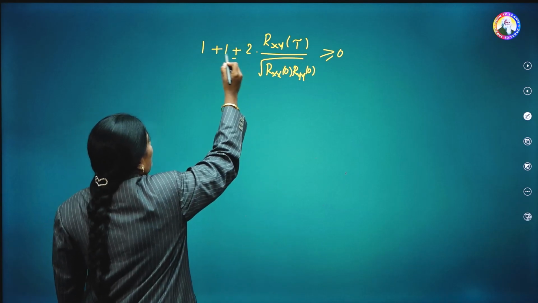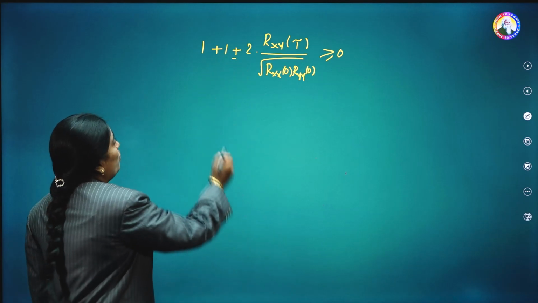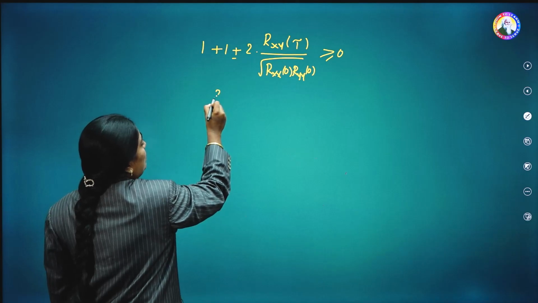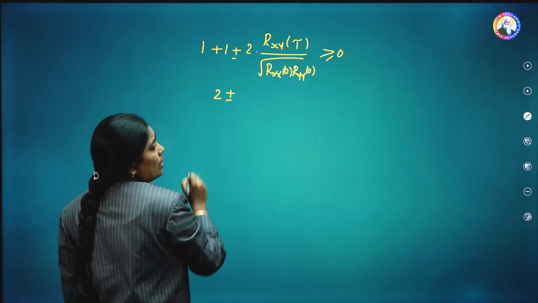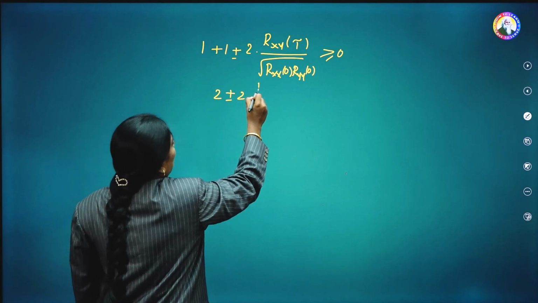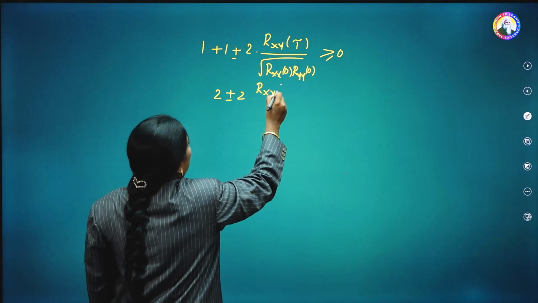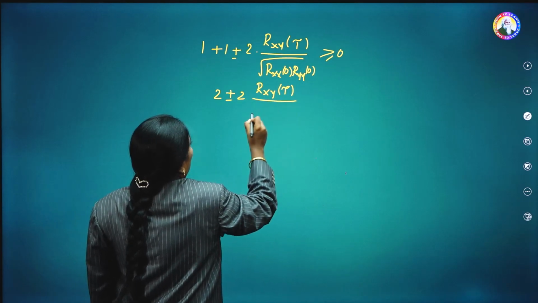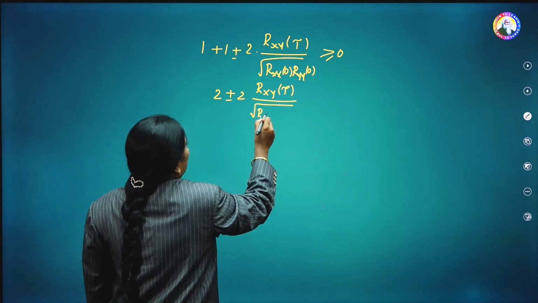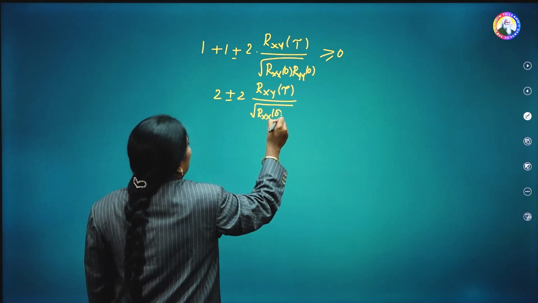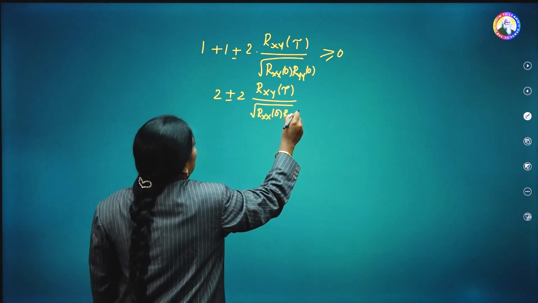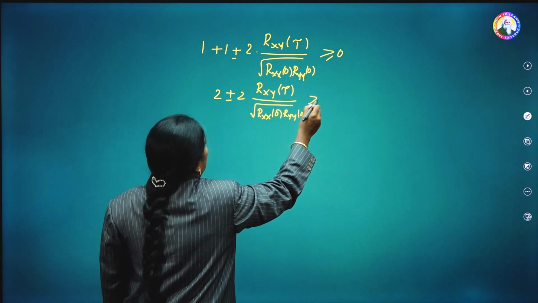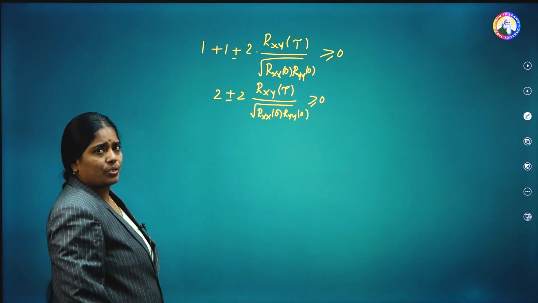Here we are having plus or minus. 1 plus 1 is nothing but equal to 2. So, 2 plus or minus 2 into R xy of tau whole divided by square root of R xx of 0 into R yy of 0, this entire term is greater than or equal to 0.